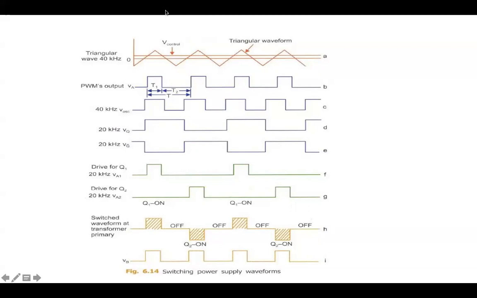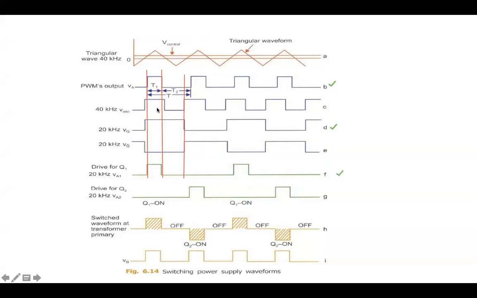Let me just put a line so that D and B, we are multiplying this here, B and D, so that is giving us F.